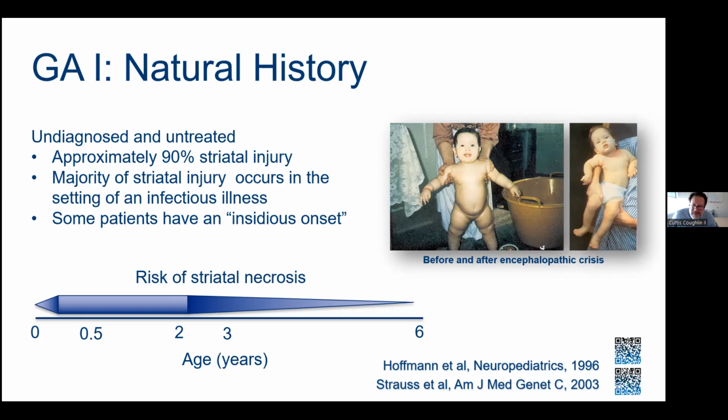And so we often talk about the risk of striatal event up until 6 years, because that's the oldest a patient has ever had a re-injury, so had already had a striatal hit and had sort of secondary striatal damage, was just before 6 years of age.